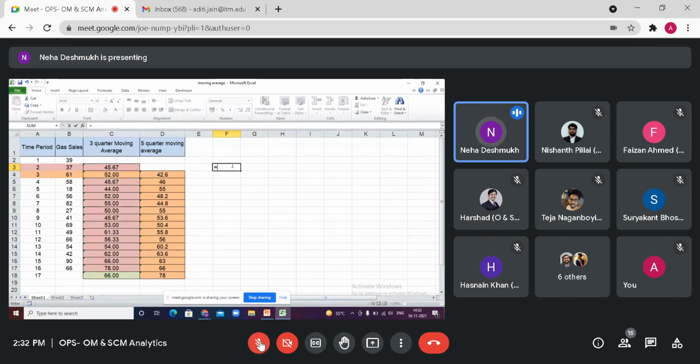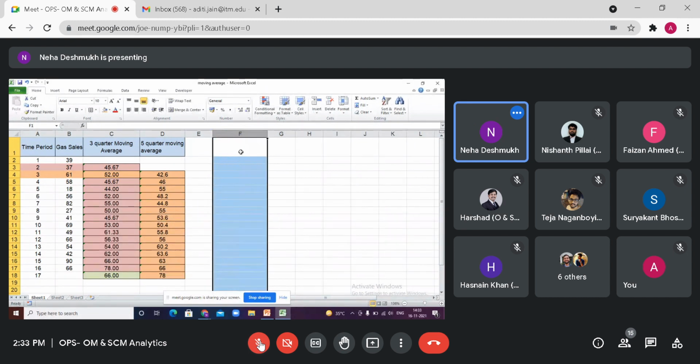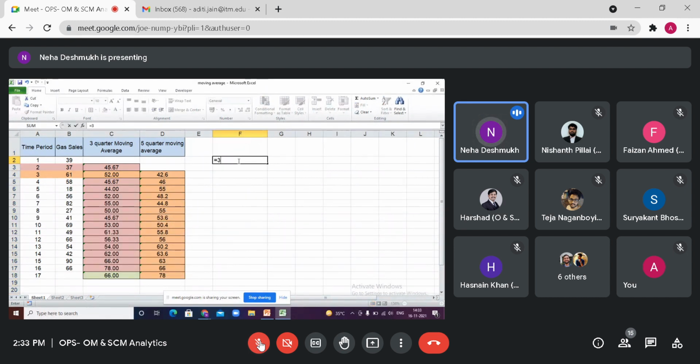Just add 39 plus 37 plus 61. How to calculate average? Addition of all the observations upon the total number of observations. Here three values are there, 39, 37, 61, and the total number of observations is 3. So this is 45.66.